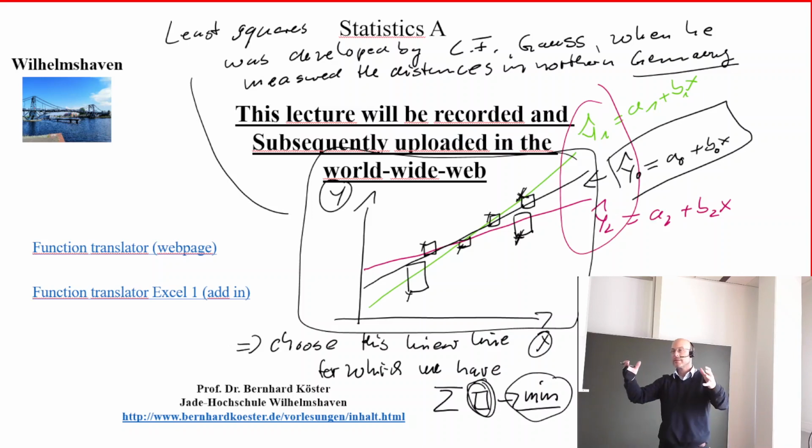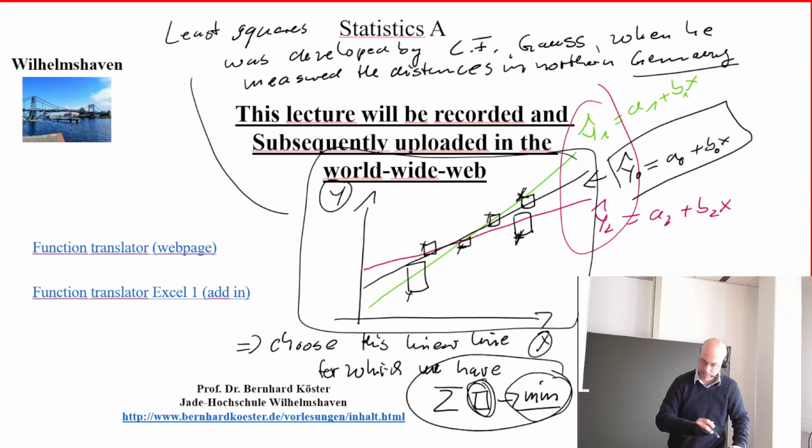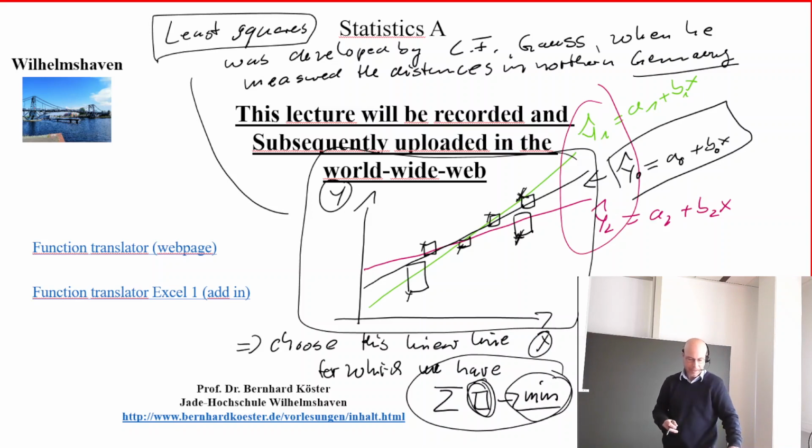And if I'm measuring one point from another point and from a third point, then of course I will not end up in the same point. So I always have some error, and in order to minimize this error, he invented this concept of least squares. Maybe this is also something from the history of where it comes from.